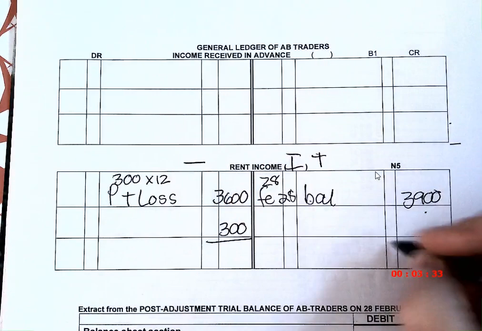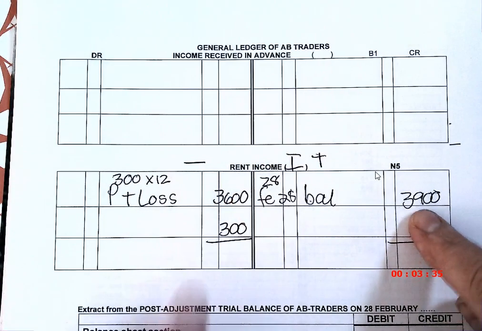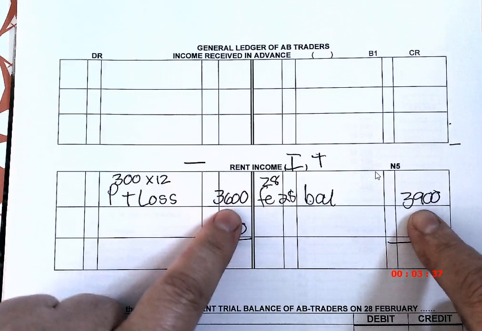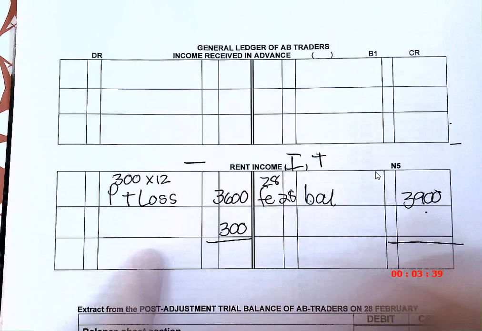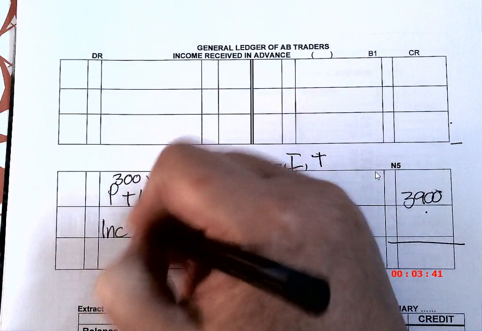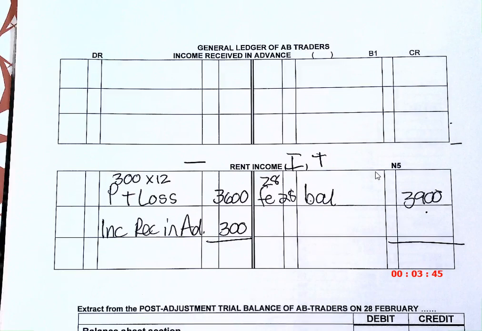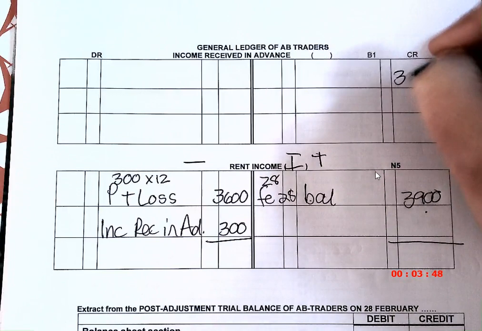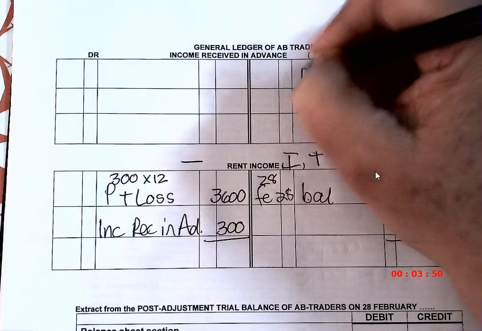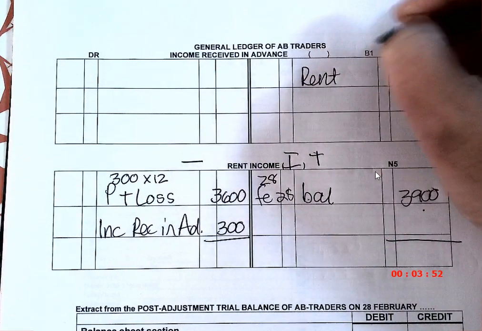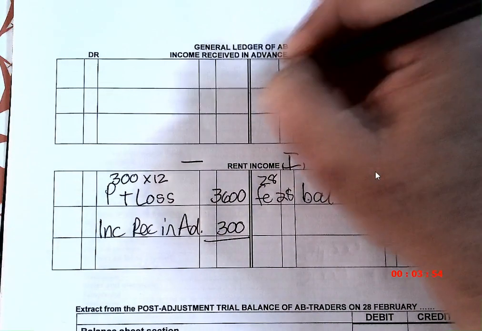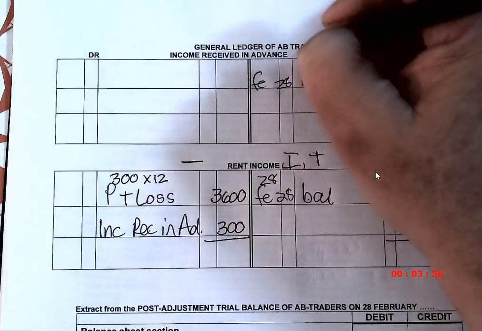I received more than the income for this year. So this would be my income received in advance. And there it goes. And because it's on the credit side in the balance sheet section, it means it's a liability.